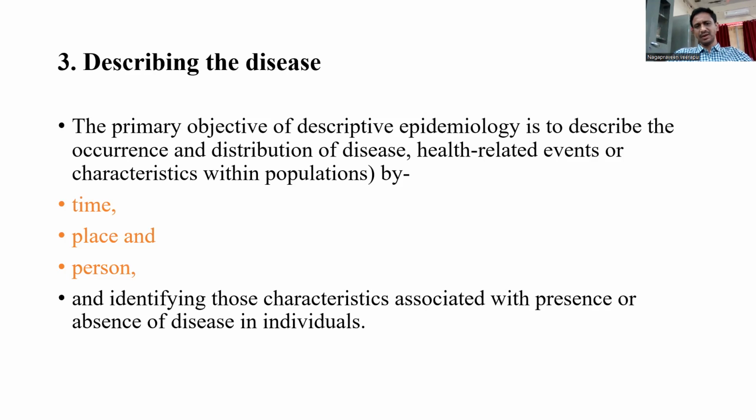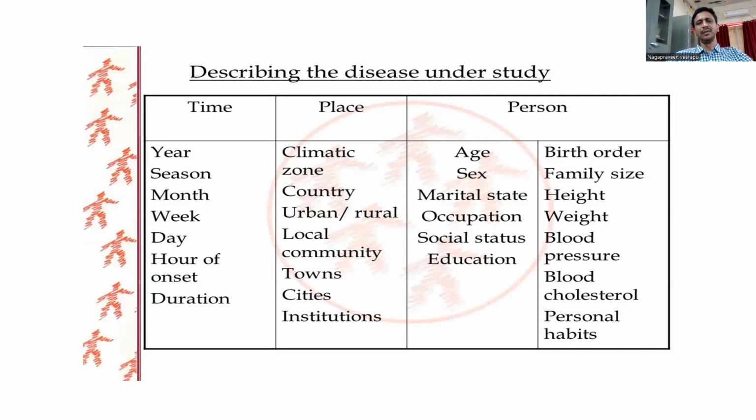Already in the introduction, we talked more about this. Describing the disease may be by time, place, person, as already told. The time may be year, season, month, week, day, or hours of onset or duration. The place may be the climatic zone, country, urban area, or rural area.